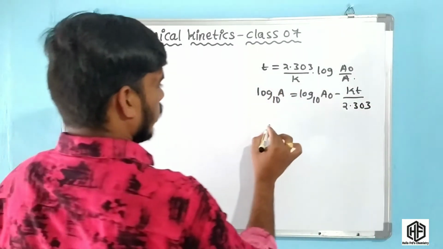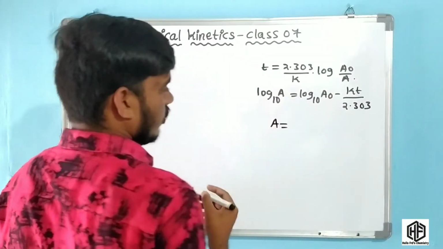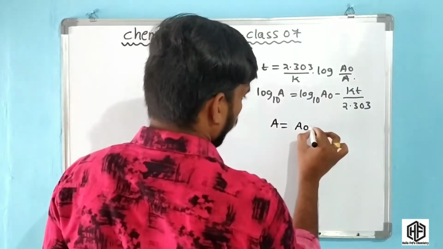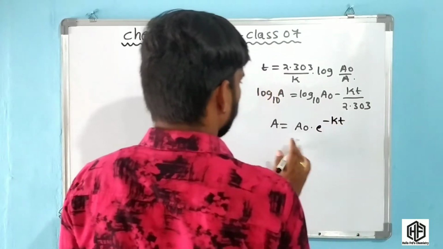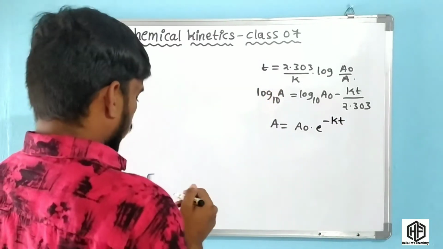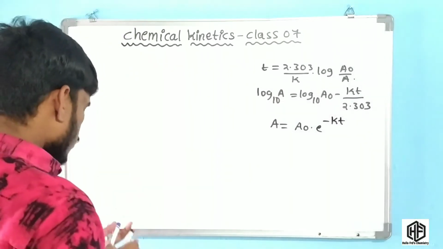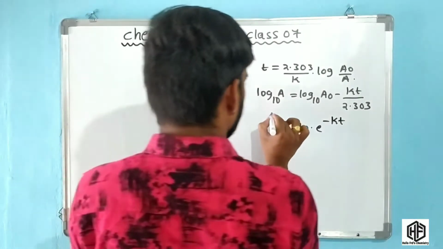And one more important formula, the exponential form, is a = a₀ × e^(−kt). These are the important formulas present in the first order reaction.